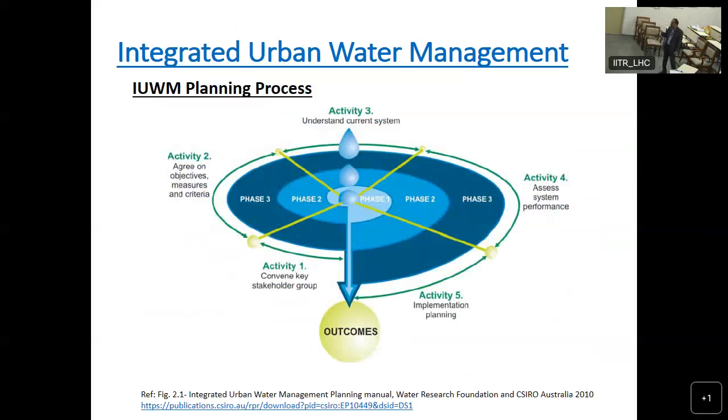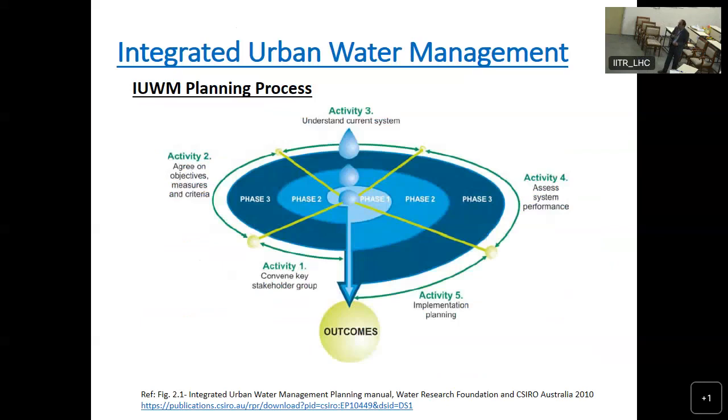That next activity will be looking at the performance of those systems. And the last one will be the implementation aspect, then going for the detailed design. Okay. But this also is covered into 3 phases, and I will talk a little bit more about those systems in a few slides.